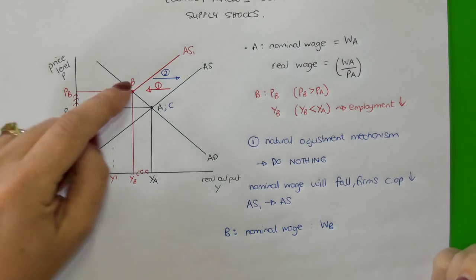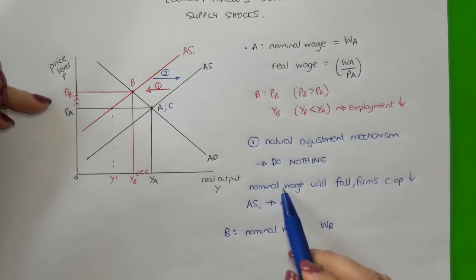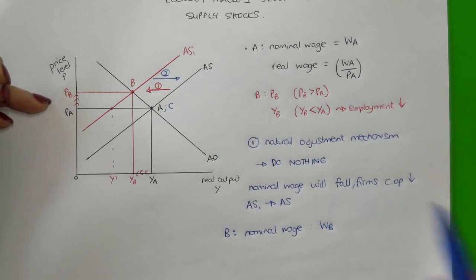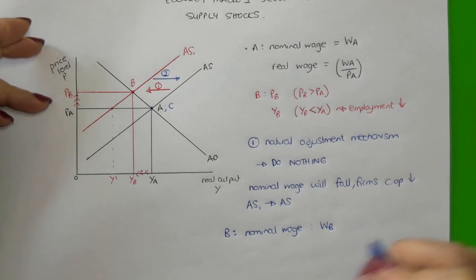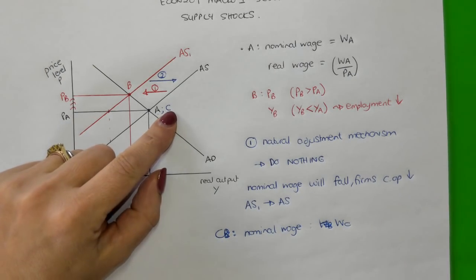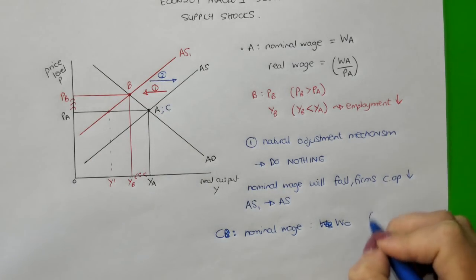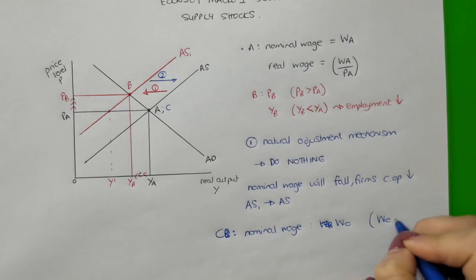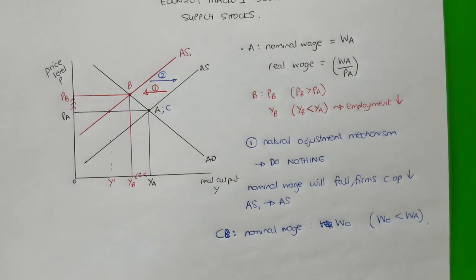Well, because remember that for the natural adjustment mechanism to take place, the nominal wage had to fall, which caused firms' costs of production to fall. So the nominal wage is now WC, okay, at that point. And WC is less than WA, okay?